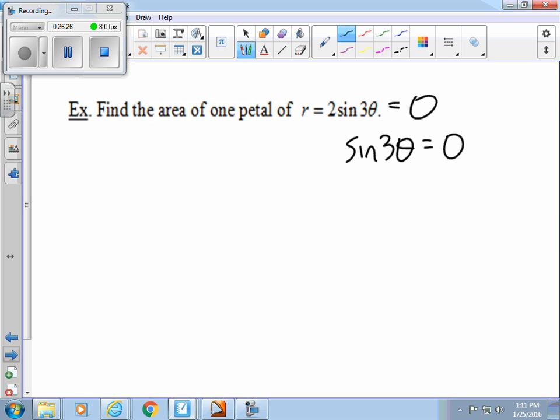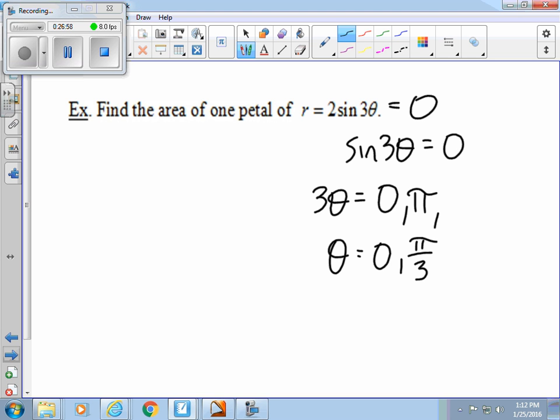So I really just want to know when sine of 3 theta equals 0. When does sine equal 0? I could go all day long if I wanted to, right? How many times do I need an answer? Just 2, because I need one touch and another touch, right? So, 0 and pi over 3.